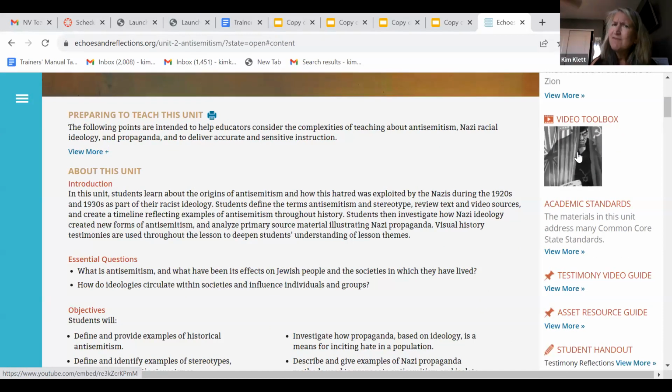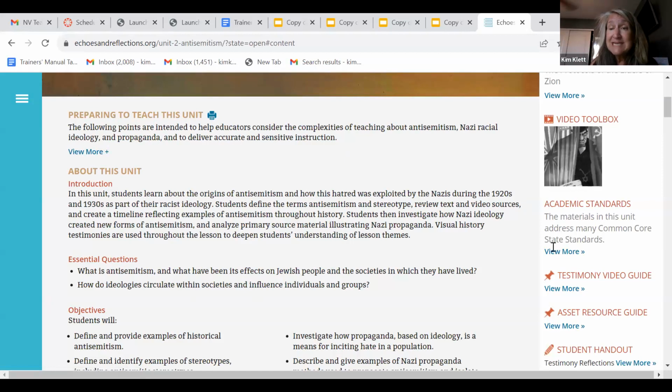We try to stay away from graphic images, but always check them first, of course. If you're like me and you've been teaching this for a long time, it's still good practice, right? Good to look at all of these pieces. And it's also great because if you already have a Holocaust unit, you can kind of look through these and select more, kind of pick and choose pieces that you want to supplement your unit with.